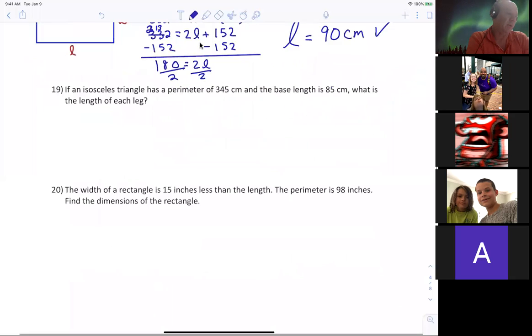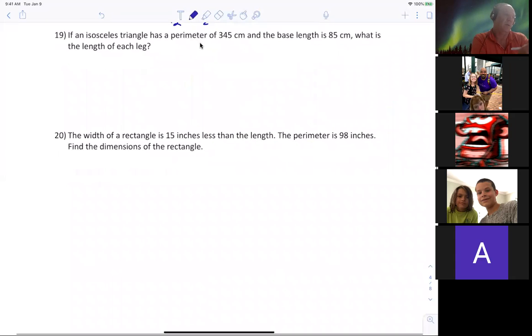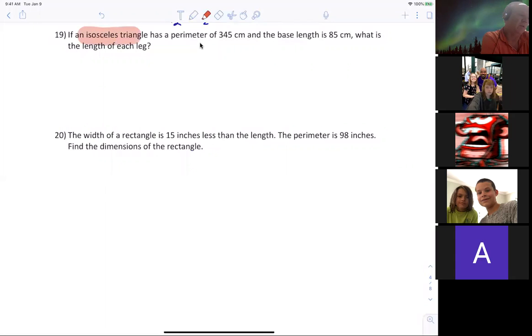Number 19. As we read this, I want someone to tell me what is an isosceles triangle. That's where 2 sides are equal. That's right. So what I want to do right off the bat is draw an isosceles triangle.